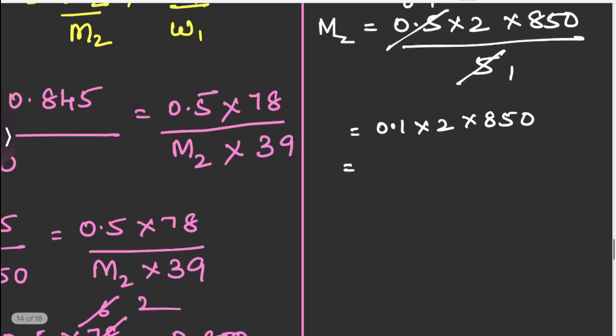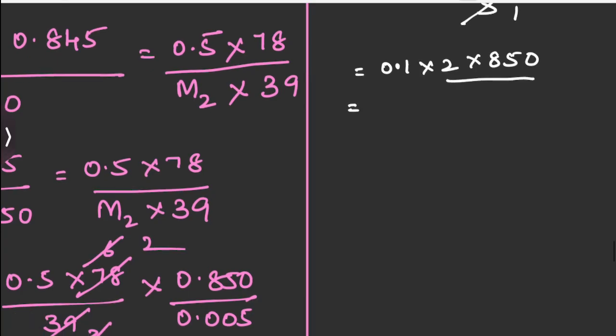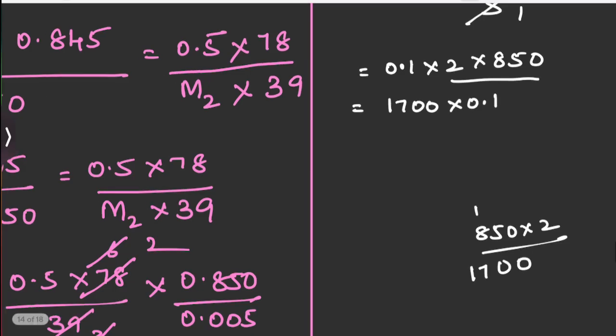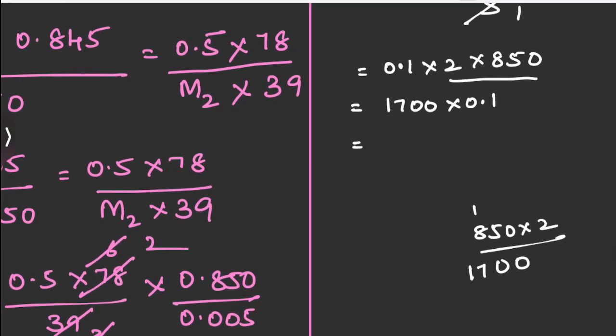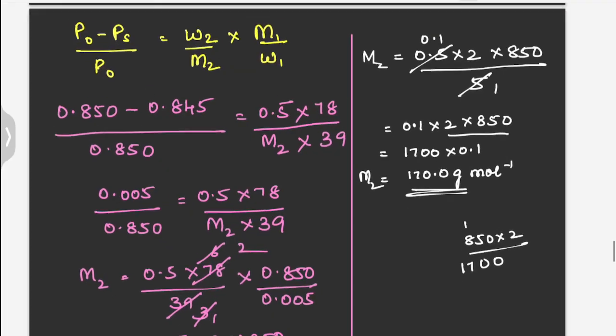Multiply 850 into 2: 2 zeros are 0, 5 2s are 10, 8 2s are 16, plus 1 is 17. So you will be getting 1700 into 0.1. If you multiply this, you will be getting 170.0 gram per mole. So this is the final answer, M2 is equal to 170.0 gram per mole.